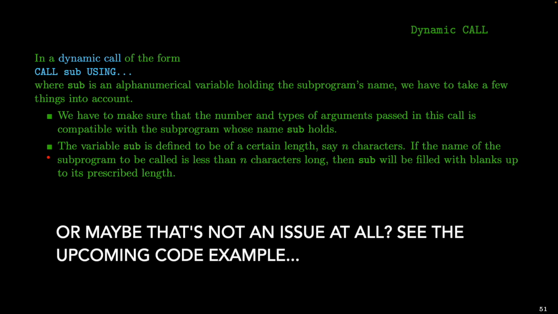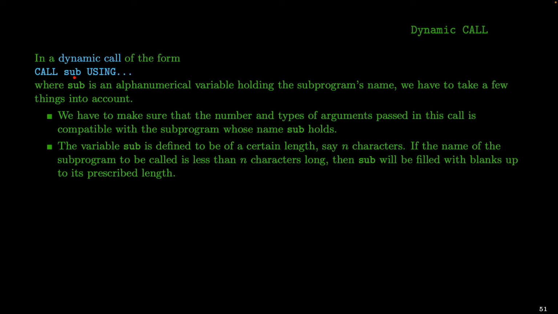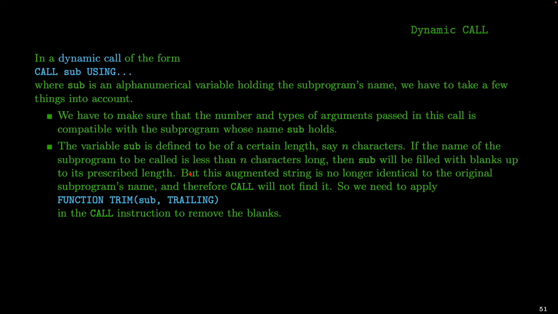Now, one problem is again with how COBOL handles strings. So this will be an alphanumerical variable that is defined to be of a certain length. Now let's say it's n characters. If the name of the subprogram that we put into that variable and then want to call is less than n characters long, then this variable will be filled up with blanks up to its prescribed length. So the missing characters within those n characters will be blanks.